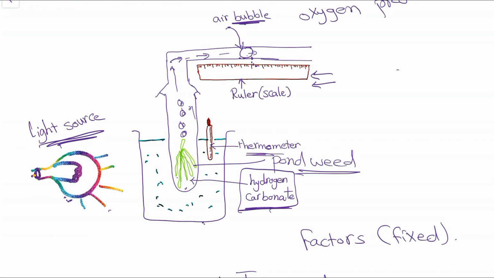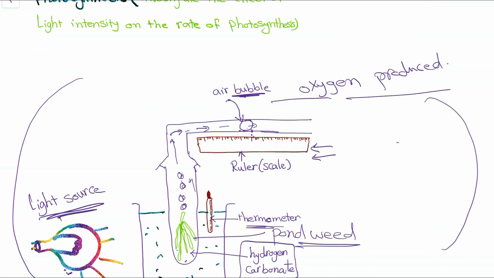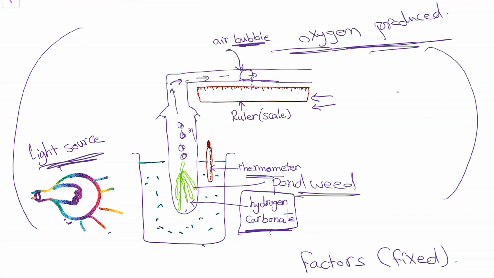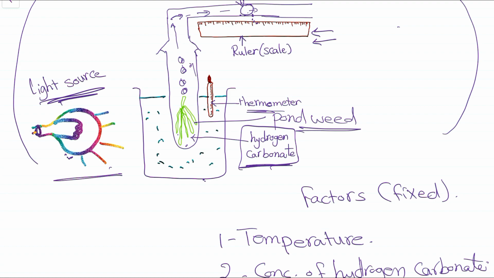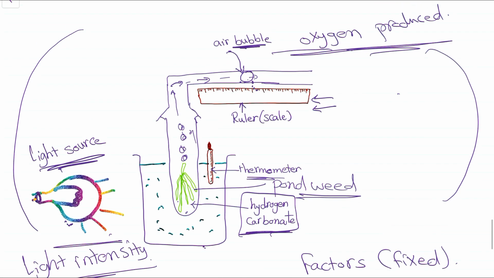Next, we build up this apparatus to measure the rate of photosynthesis according to the change in light intensity. So at different light intensities, we'll measure the oxygen produced, right? So which one of them will change first? Light intensity, right? So when light intensity changes, the oxygen produced changes.